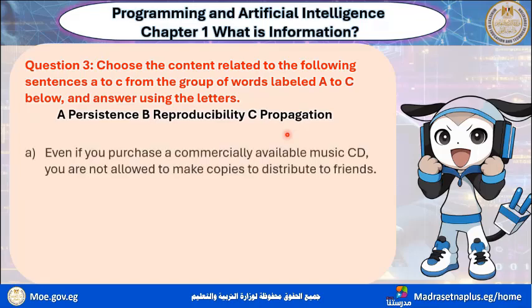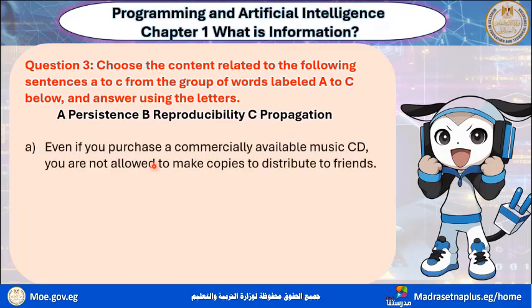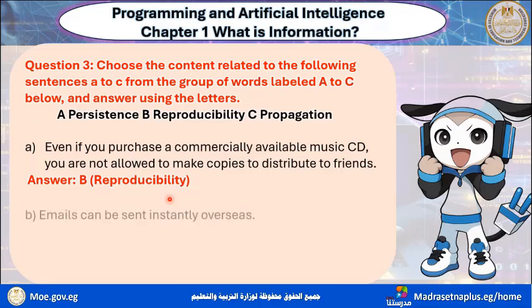Well, question 1: even if you purchase a commercially available music CD, you're not allowed to make copies to distribute to friends. Well, what is this? Is this persistence, reproducibility, or propagation? Well, of course, it's reproducibility, to make copies and distribute them to others.